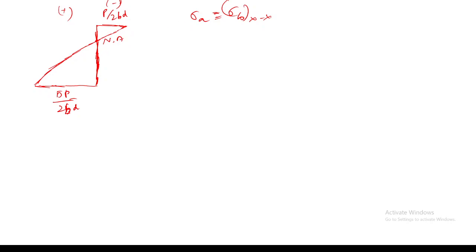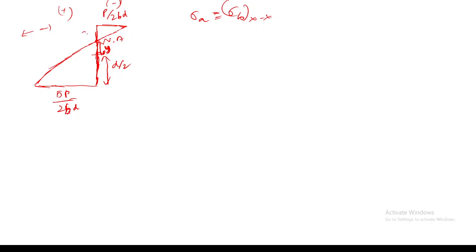At this point the tensile axial stress is balanced by the compressive bending stress, so the total stress at this position is 0. Here this is D by 2, and I am taking y as the distance, because I want to find the location of the neutral axis. This is very important for your GATE question.